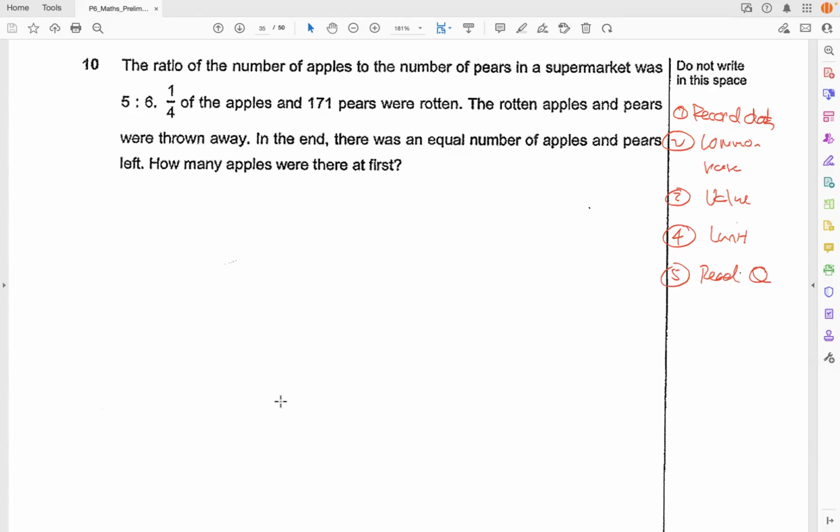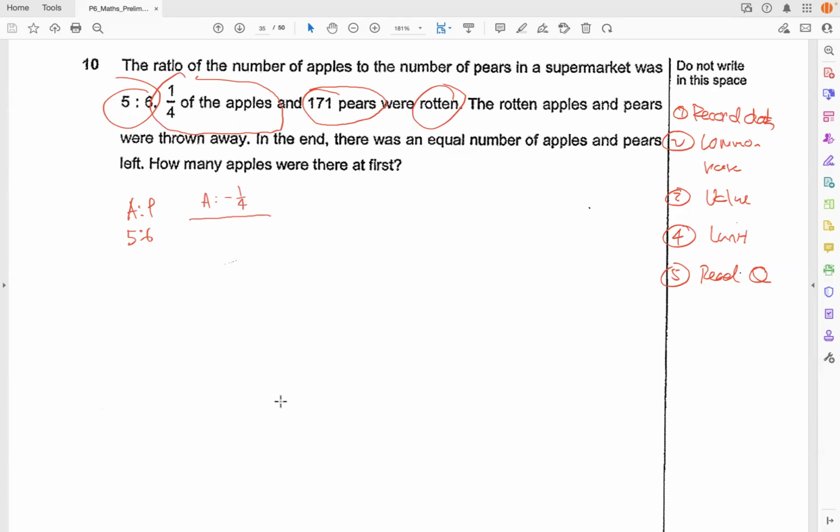First, record the data, one sentence at a time. So apples to pears is 5:6. One-quarter of the apples and 171 pears were rotten. Rotten means remove them. So what is left? Apples, you minus 1/4 rotten.